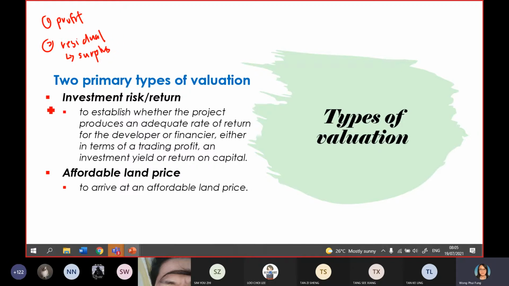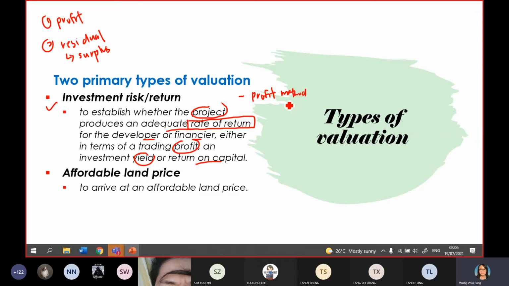The first type, investment risk and return, is to test whether your project produces an adequate rate of return or not, which means calculating whether your project brings any profit for the developer or the financier, either in terms of trading profit and investment yield or return of capital. So the first type refers to the profit method.